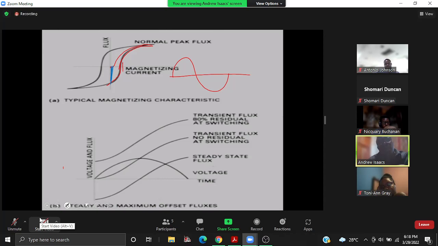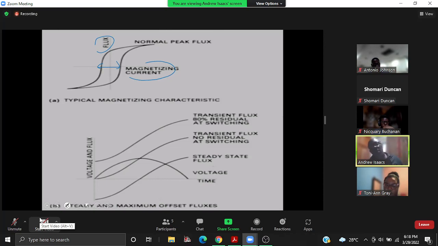I don't like how this one is drawn, because the width is supposed to tell you the remnant flux. So it looks like this one has it on the wrong axis. Current is normally on the vertical axis. Anyway, the width tells you the amount of flux that is retained.